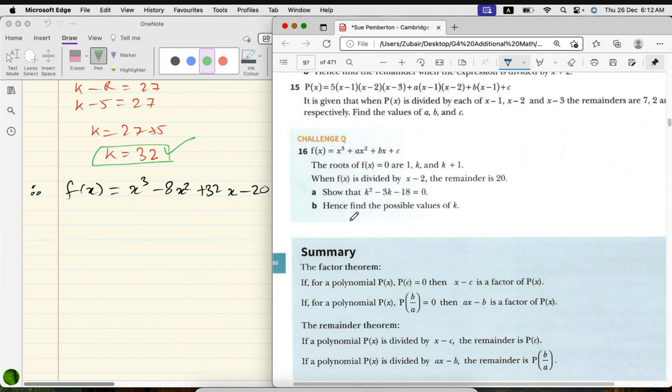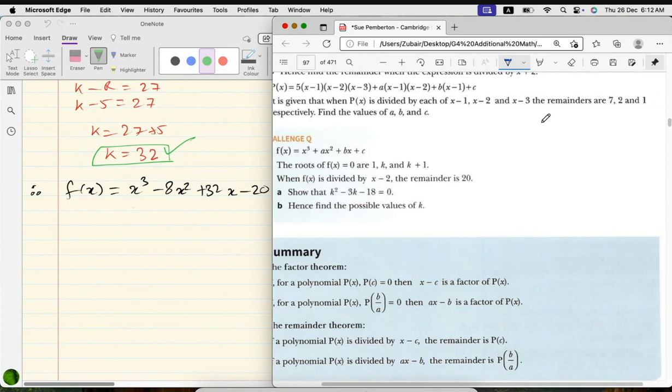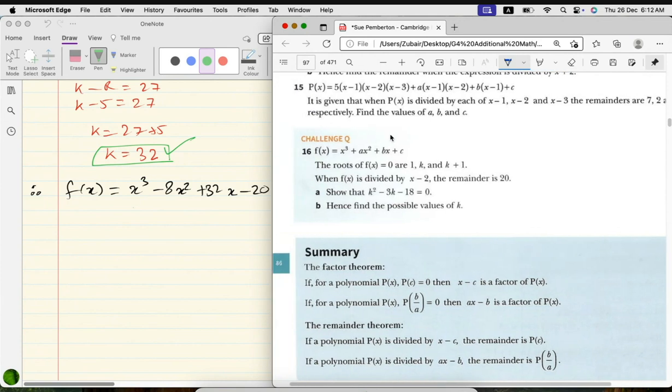A, b, and c, three unknowns. It is given that when p of x is divided by each of x minus 1, x minus 2, x minus 3, the remainders are 7, 2, and 1. So it is just one lengthy question, nothing else. Let's just do it.